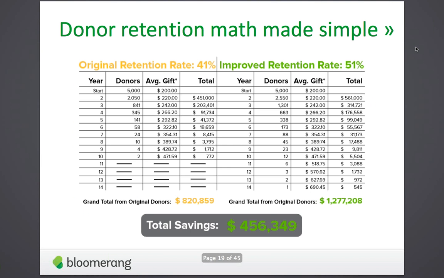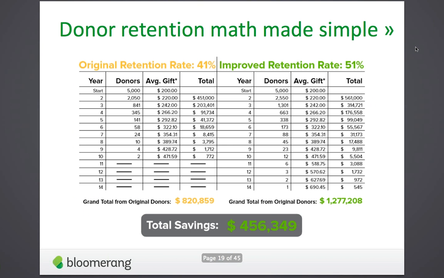For those of you who may not be aware of how you figure the retention rate, it's a very basic mathematical formula with a numerator and a denominator. The denominator is the number of donors in the previous 12 months, and the numerator is what portion of those same donors gave again in the next year. So let's use an easy math example.